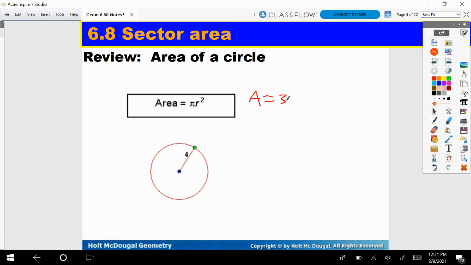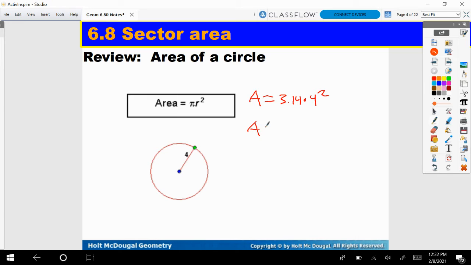So we would take pi, which we're going to use 3.14, times the radius, which is 4 to the power of 2. I apologize about the writing. Working at home, I don't have the best tools to make these videos, so I'm doing what I can here. First of all, we take 4 to the power of 2 before we multiply by 3.14.